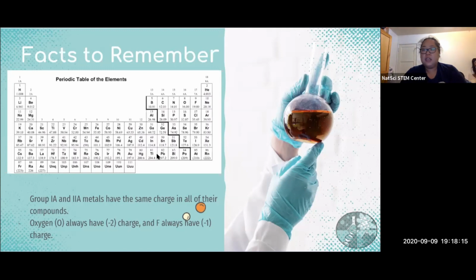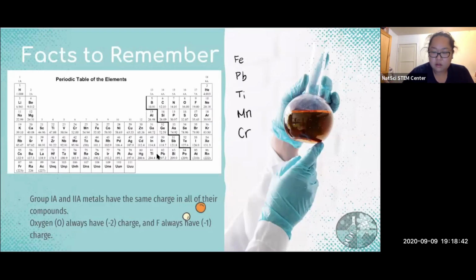There should be a list, your professors should give it to you when you arrive at naming. There's a list of the transition metals typically used in naming. So you'll usually have iron, lead, titanium, manganese as well, and chromium.